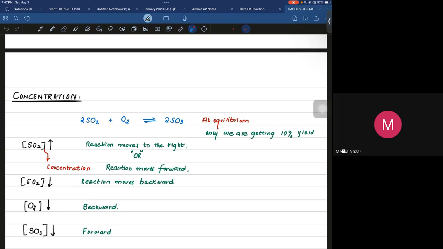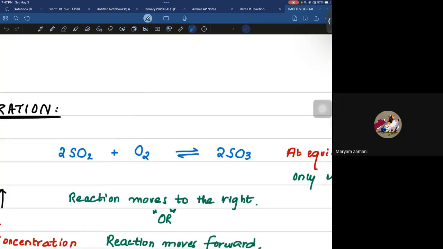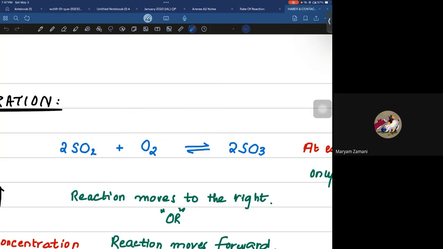Are you getting my point? Yes, sir. What if I am going to decrease the concentration of SO3? It'll move forward because it's lower potential.